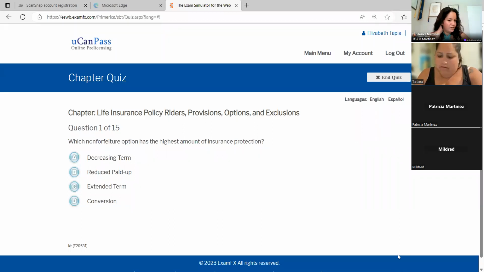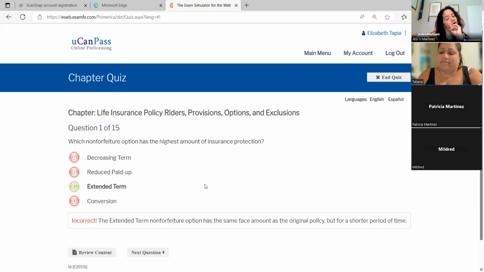Which non-forfeiture option has the highest amount of insurance protection? I think it's what you said, reduced paid up. What do you think? Should we try it? Yes. That was one of them. Conversion is the one that was not.